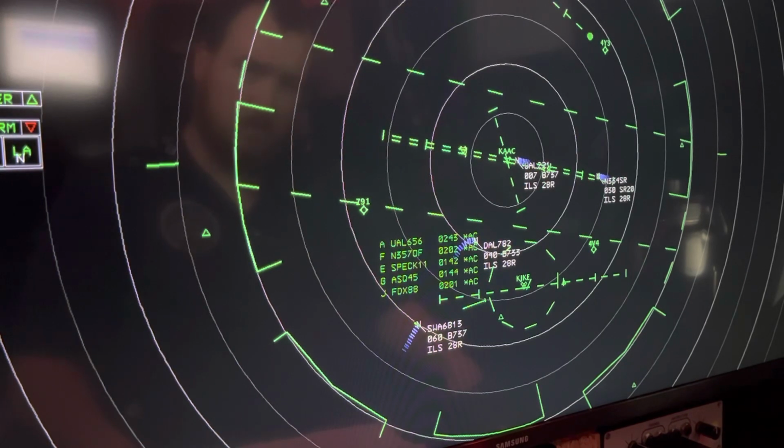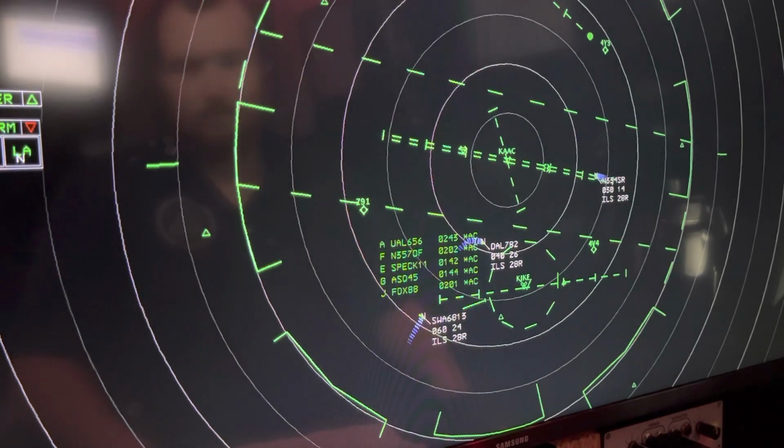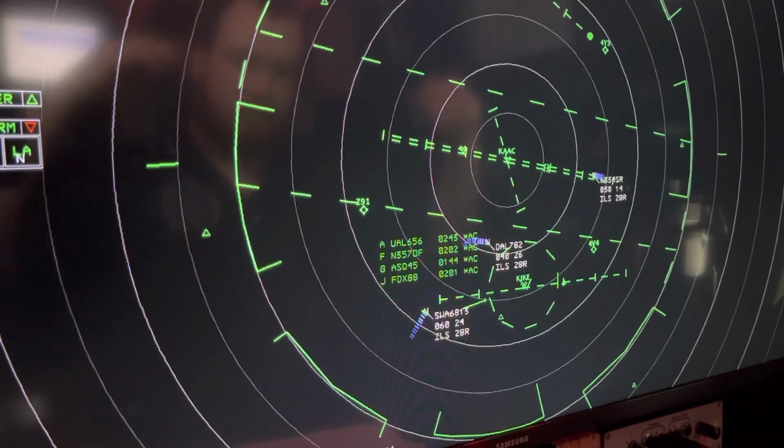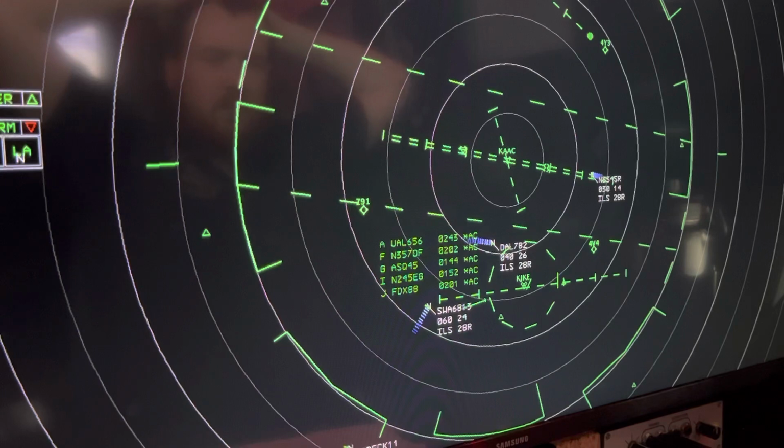Oh, sorry. For UAM, I just want to double check. For the example, I would just say turn left 250 from his position right here. So, like initial call up: United 221, Academy approach, radar contact, altimeter 2992, vectors for ILS runway 28 right. Spec 11, Academy approach, radar contact, altimeter 2992, vectors for ILS runway 28 right. It's okay if you want to, same thing.